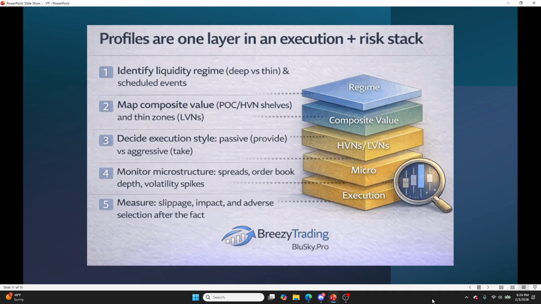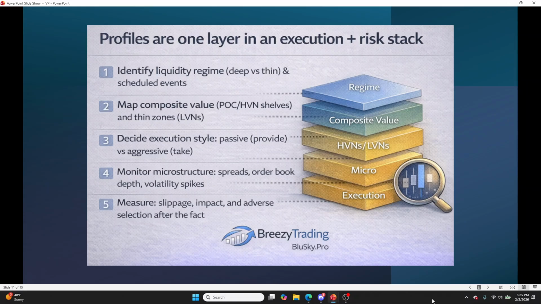Decide execution style. Are you going to be passive and provide, or are you going to be aggressive and take? Because there's two different variables that you're going to have opportunities to trade within this profile, right? You're either going to have the point of control passive entry, or you're going to have the aggressive entry, which could be a break of point of control, or it could be a bottom or top support hold, which is aggressive.